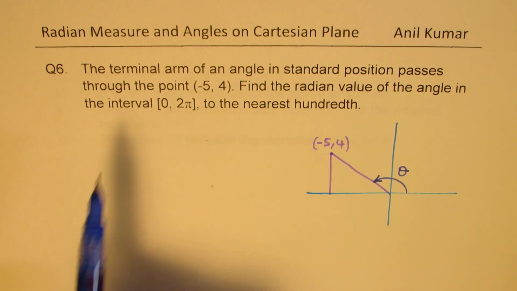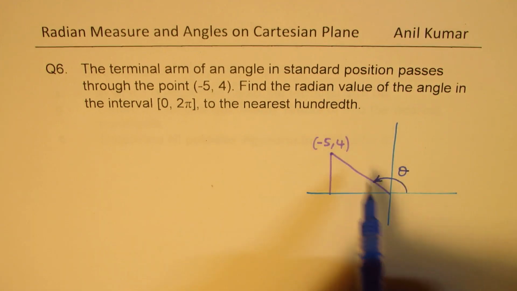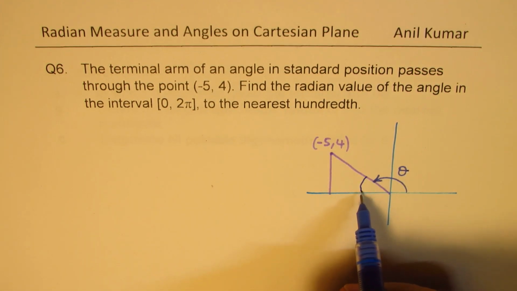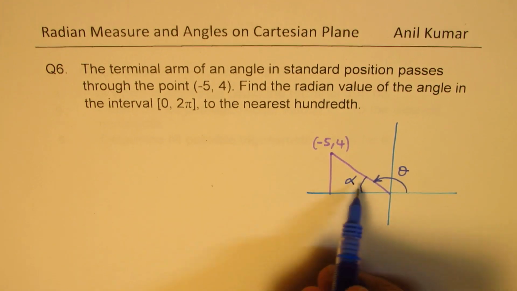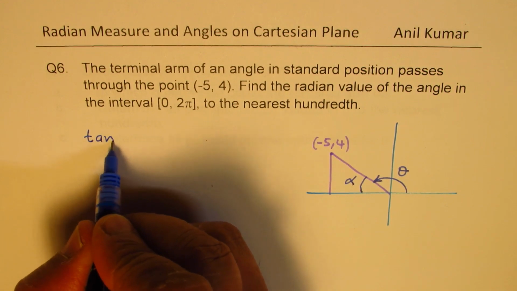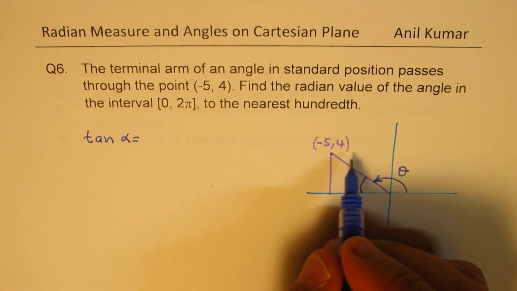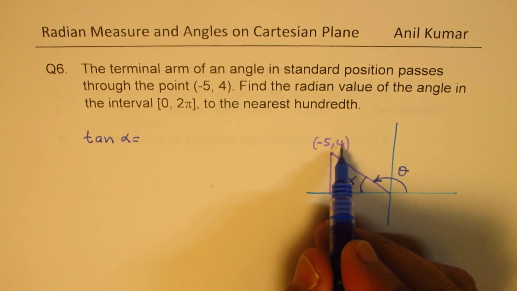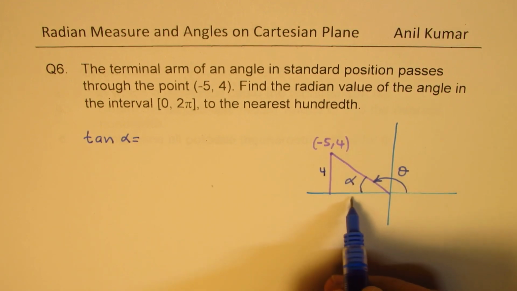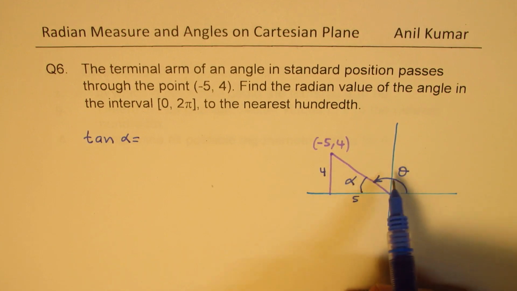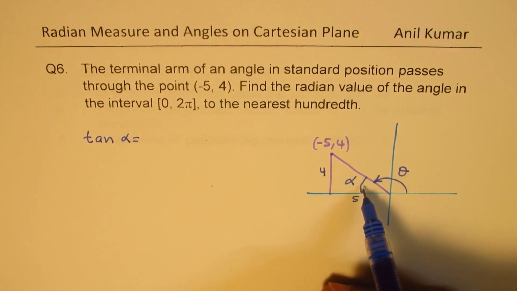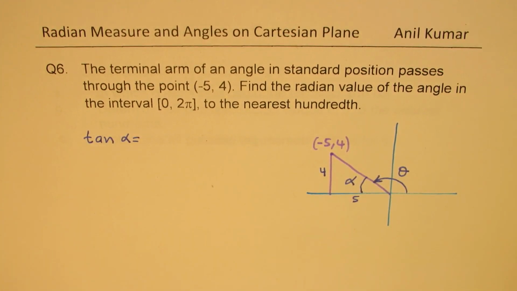So how can we do it? Let's say this angle here is the acute angle alpha, correct? So we can clearly say that tan alpha is equal to, when we say minus 5 by 4, this side is 4 and this side is 5. So we'll actually calculate the positive value, and we know the acute angle has to be positive, correct?